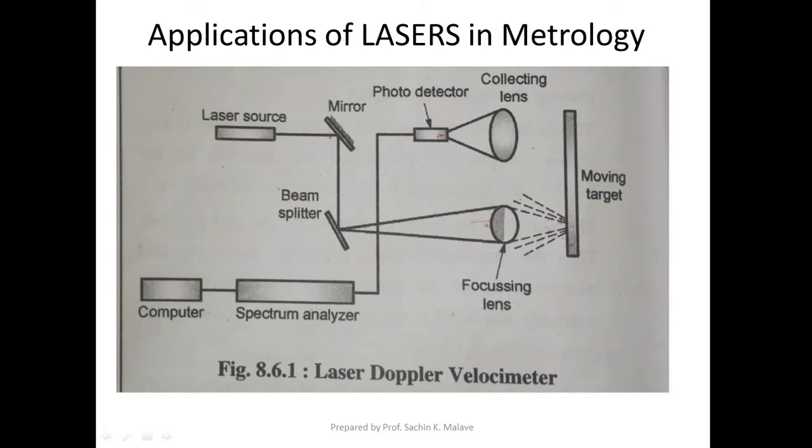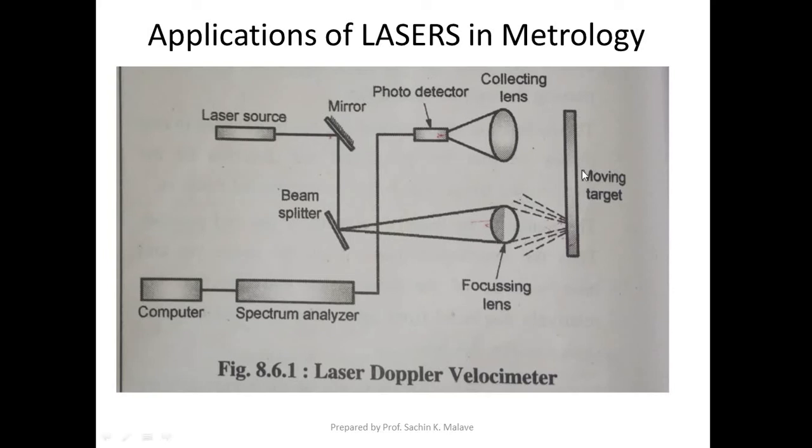When the object is moving away from this lens, then the frequency pattern will be different. So by analyzing the spectrum, we can easily find out the velocity of the object, or whatever parameter we want to measure, using this technique.